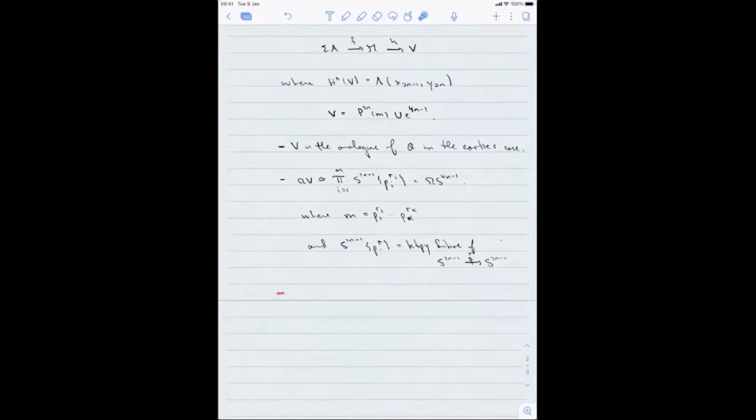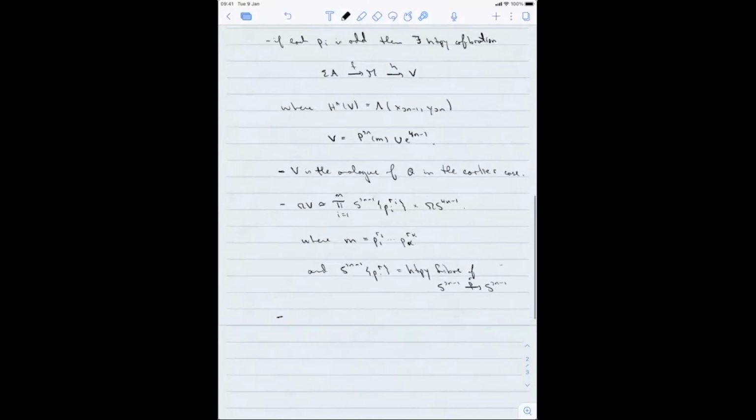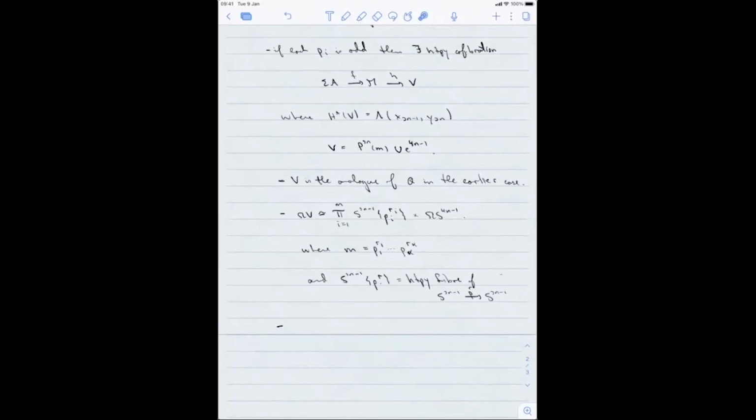And what else do we know? The map loop H in this cofibration, you can show that it has a right homotopy inverse after looping.